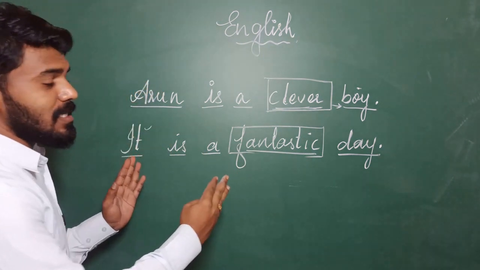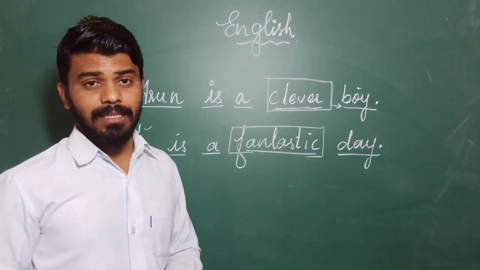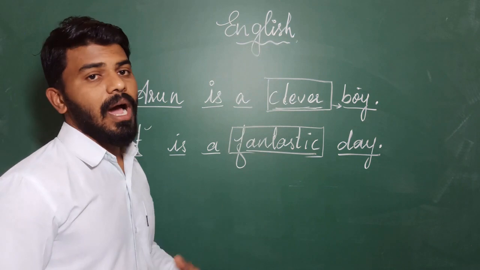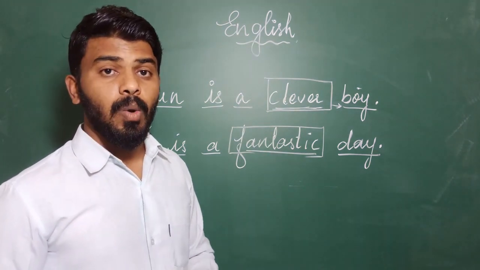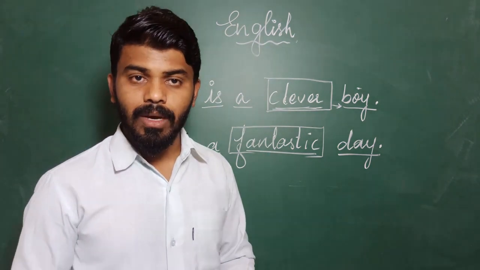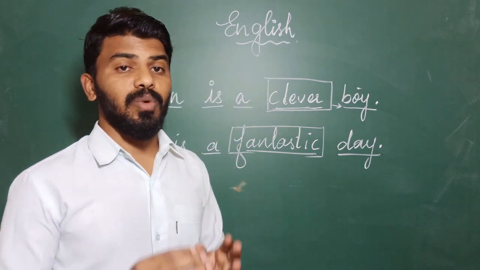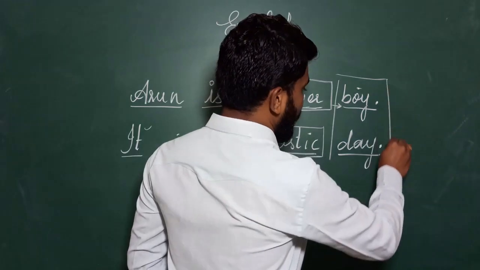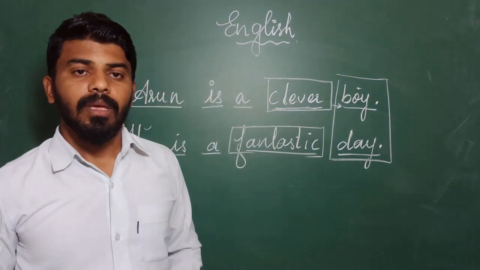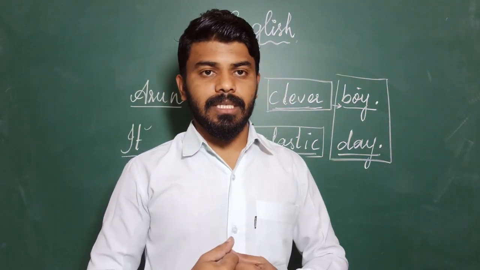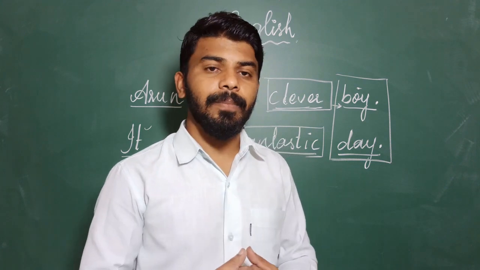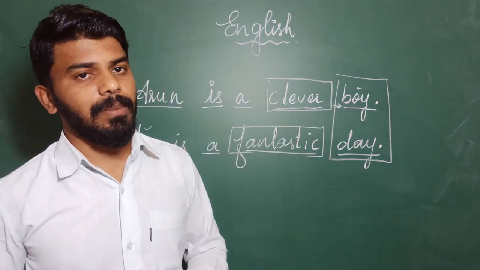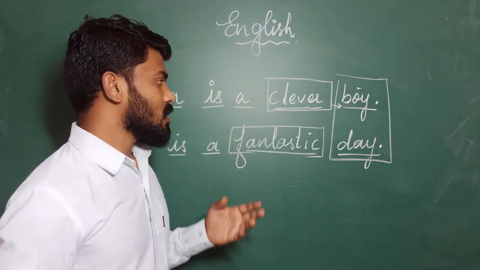So through this sentence, you will be able to understand that adjectives are the words which qualify, which describe, which add something more about the nouns. So an adjective is a qualifying word or a describing word.